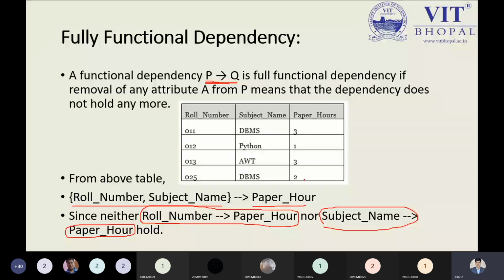So the point we have to keep in mind when talking about the full functional dependency is that roll number and subject name can depend, but roll number and paper hours cannot be a dependency. So we are not following the dependency here. Because for this student roll number, the paper hours are 3, 1, 2. So how can we make the relationship? That is the point.